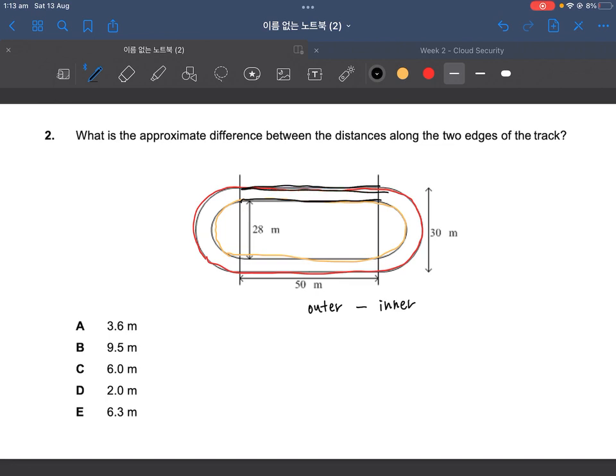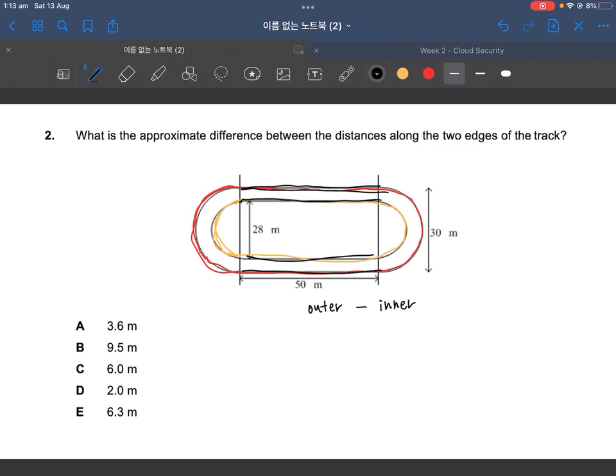In fact, the only difference between these tracks will be found in the circumference of the circles. Let me just repeat that. Because the inner and outer flat surfaces, the distances which are 50 meters, are equal on both inner and the outer tracks.